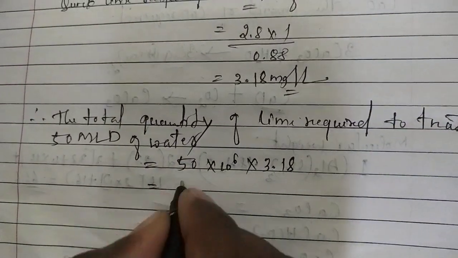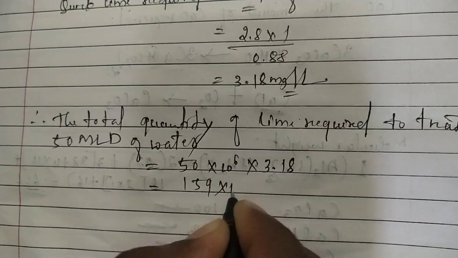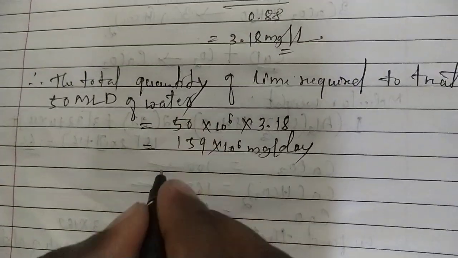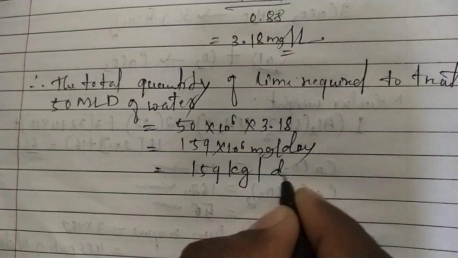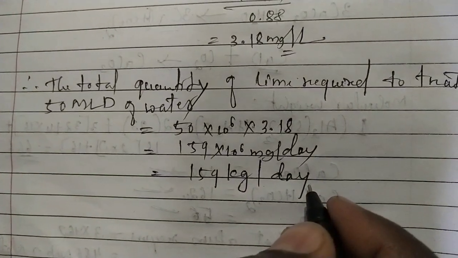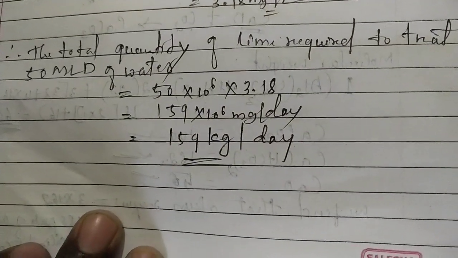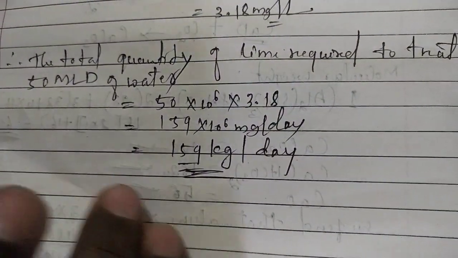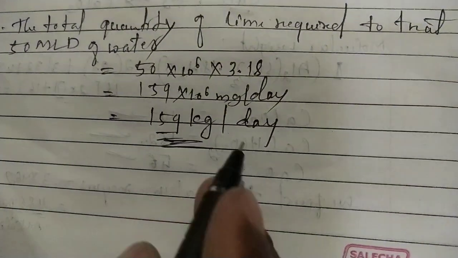By calculating, you will get 159 into 10 raised to 6 mg per day. So we can convert this as 159 kg per day. This is the total quantity of lime required for the water treatment plant. For the year, we have to multiply this by 365 to get the answer.